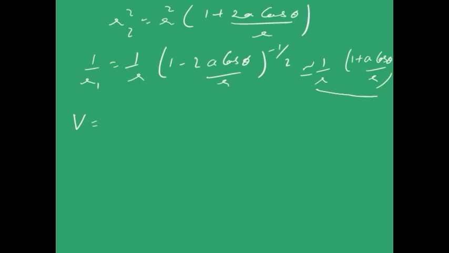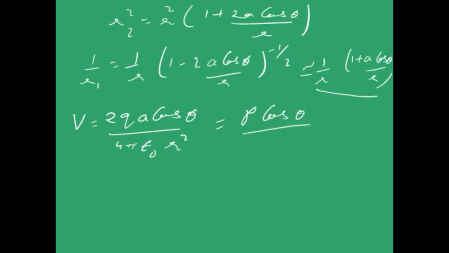So you end up with 2QA cos theta by 4 pi epsilon naught R square, where R is the distance of the point P from the center of the dipole, and you know that p is equal to 2QA, where p is the dipole moment. So I'll write this as p cos theta by 4 pi epsilon naught R square, and p cos theta can further be written as the dot product of the dipole and the radius vector.